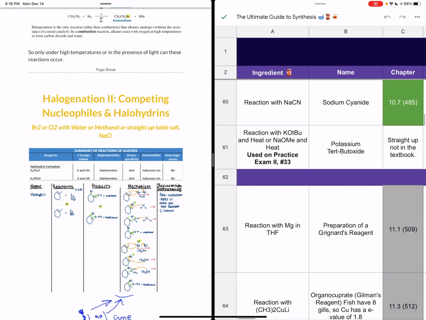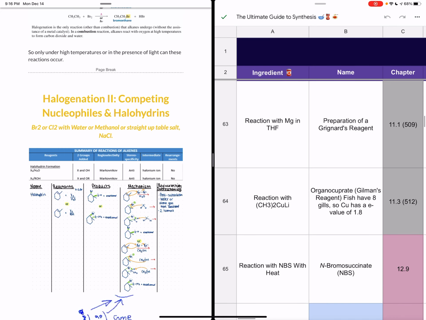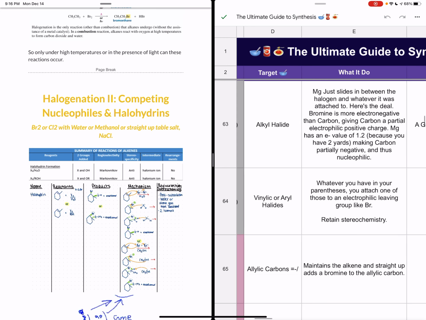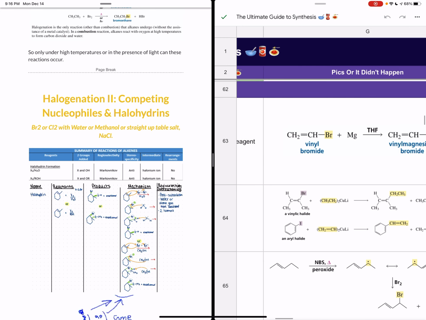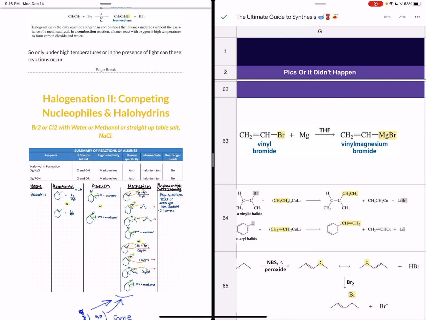Okay, then we have our metals that we worked with. So if we're looking at Mg and THF, that's going to prepare a Grignard reagent. Mg is just going to slide in to where the halogen was, but because magnesium is so electropositive, it's going to make carbon electronegative and give you a nucleophile, which you can then react with an electrophile like an H plus or like a ketone or like an epoxide.